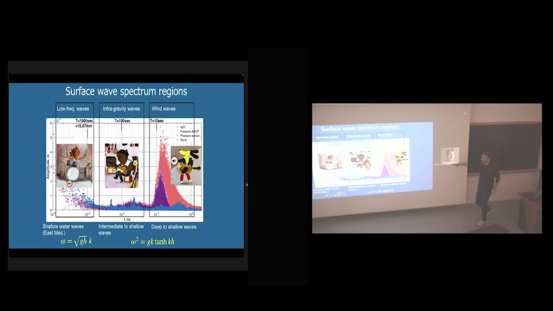This is using deep to intermediate water, so you use the dispersion relation, and this area is also part of this, depending on the depth, but a lot of it is normally considered shallow water. But you also have infragravity in the intermediate.